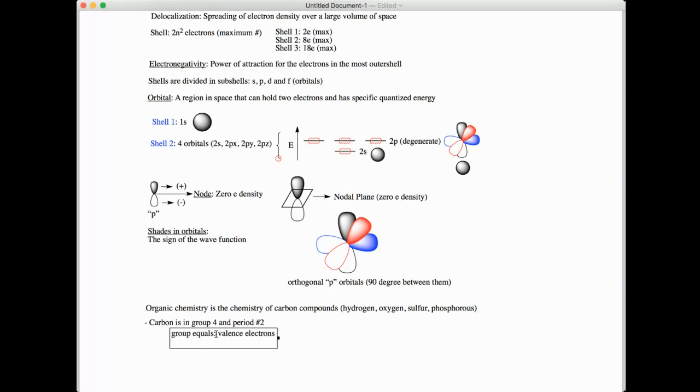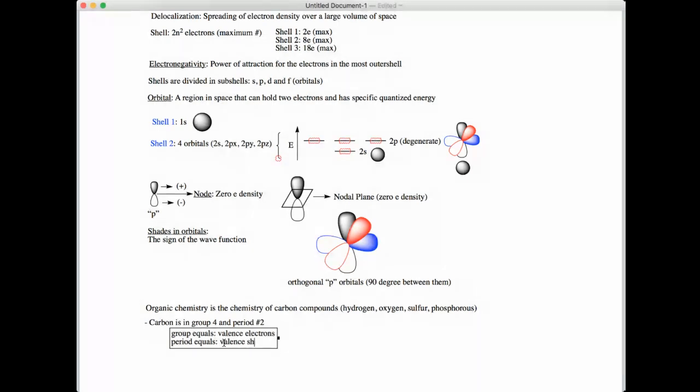And what about the row? It's not group, actually. The number of the valence shell. So one is the valence electrons, and the second one is the valence shell.